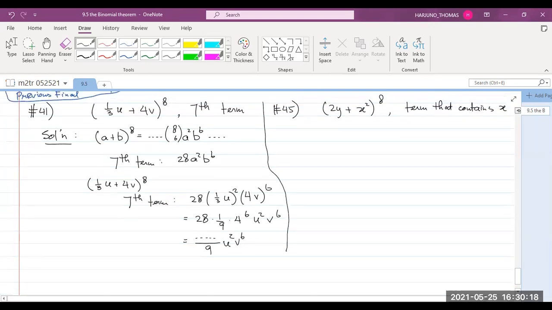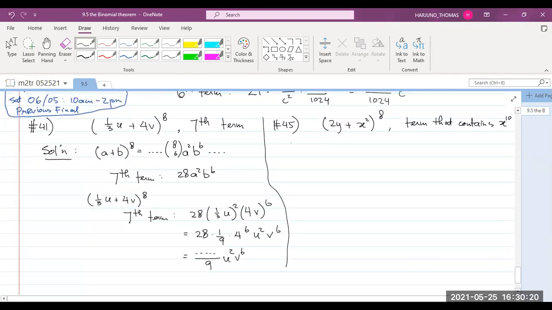Okay, number 45. The term that contains x to the 10th. To have x to the 10th, there must be x squared to the 5th. Is it right? Okay, so we build this back. If it is x squared to the 5th, then it must be 2y cubed. Is it right?